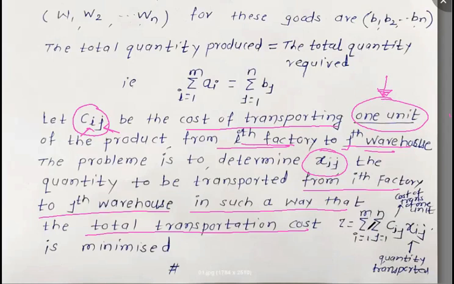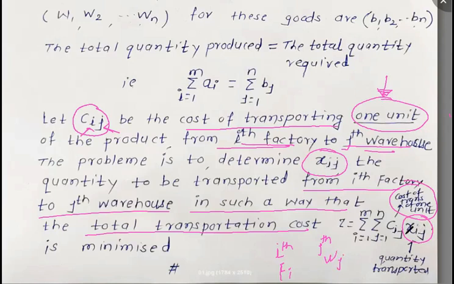Now what is Z? Summation i equal to 1 to M, summation j equal to 1 to N, Cij into Xij. What is Cij? Cost of transporting 1 unit. And what is Xij? Quantity transported. Now Cij is the cost of transporting 1 unit from ith factory to jth warehouse, and Xij is the quantity transported.